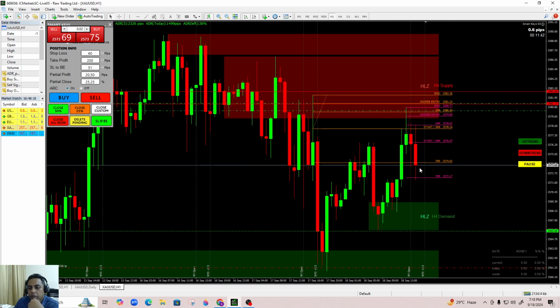Yeah, we're coming down now. The 1 hour candle is going to close in 11 minutes. It'll probably close bearish like this, so we probably create a top wick and continue further down.